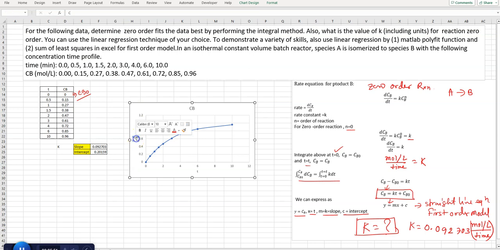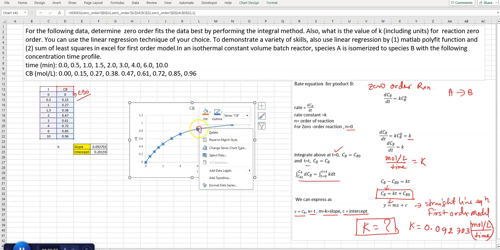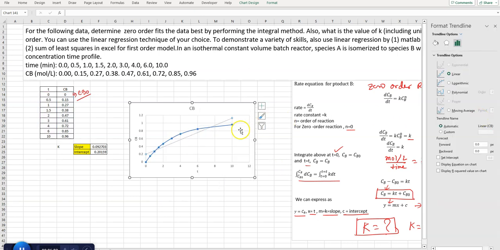If you draw the plot, it will be like that. Now you have to fit that data to the first order model, so add the trendline, automatic, set intercept and display equation.